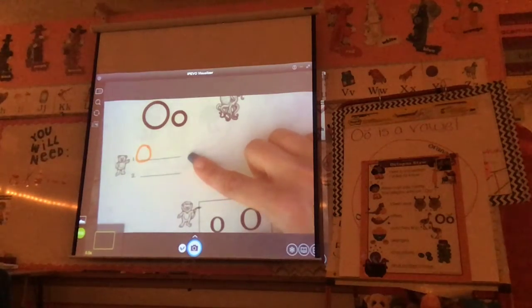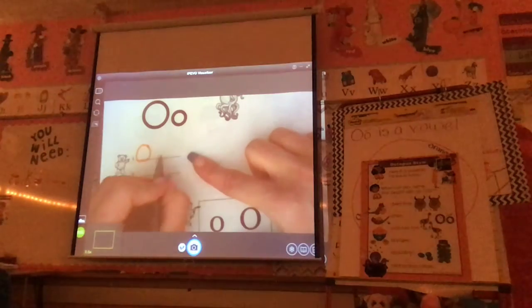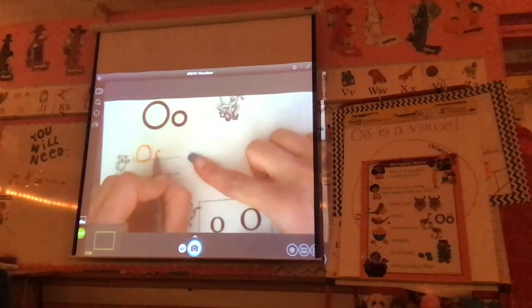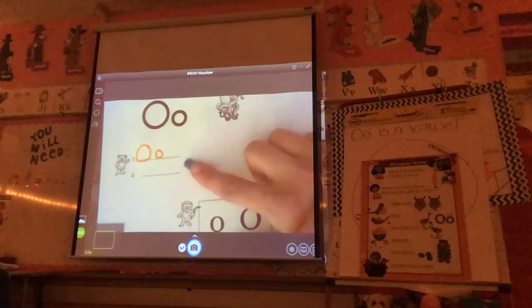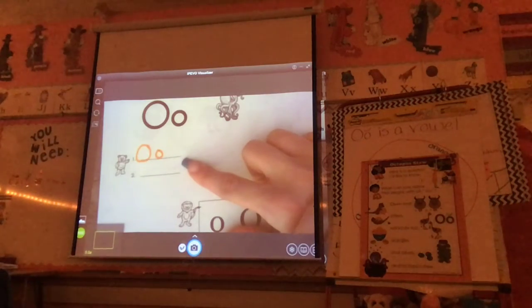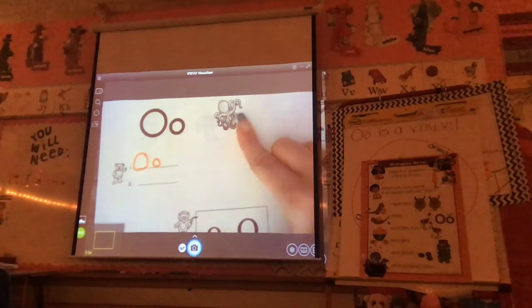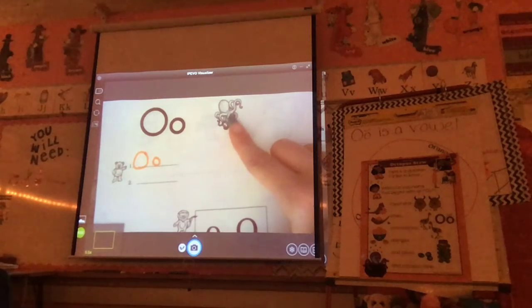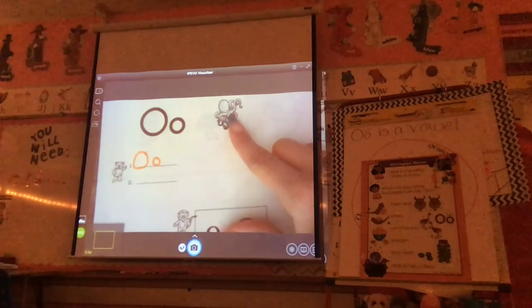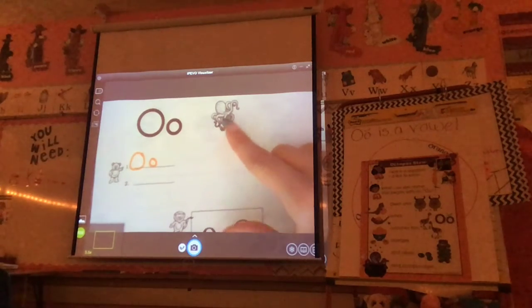Right next to it, I'm going to do my lowercase o. It's just going to be smaller, down, around, back up to the top. This is like my octopus. Remember, if you can't remember what sound it makes, think about your octopus and what it sounds like when you say octopus, and what shape your mouth makes.